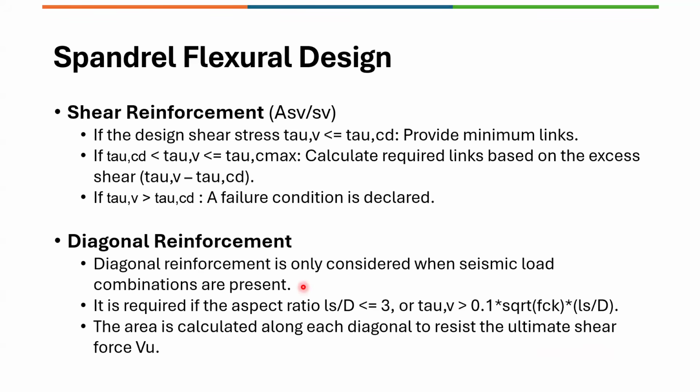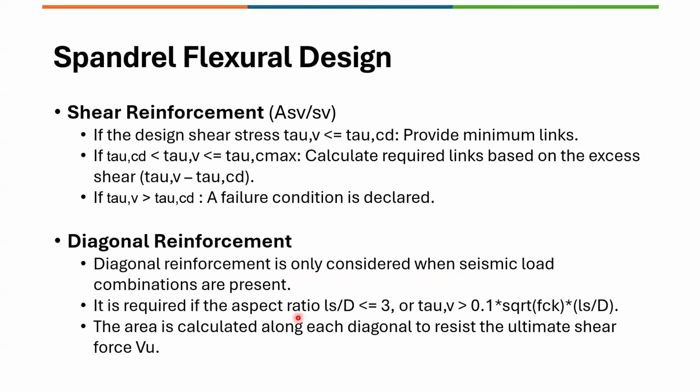So both are. And for the shear design, the regular vertical stirrups are designed as usual, is provided here. And the ratios are reported as ASV by SV ratio, similar to beams. And importantly, the diagonal reinforcement, which are involved when a seismic load is present.